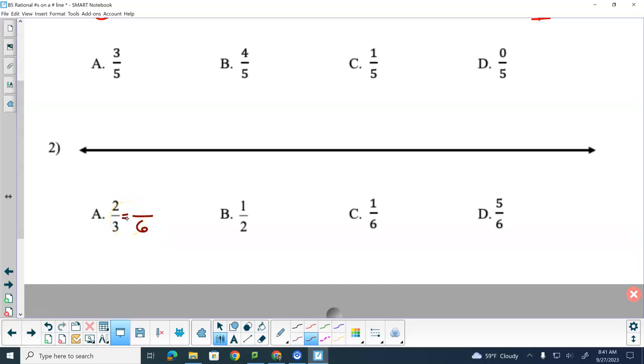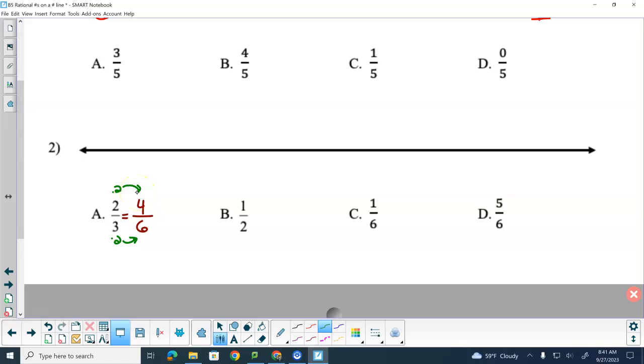So you multiply the 3 times 2 to get 6? Okay, so what would the top be? 4, do we agree with 4/6? Because I multiplied by 2 to get that one, which means I got to multiply by 2 to get that one. Okay? 1/2.